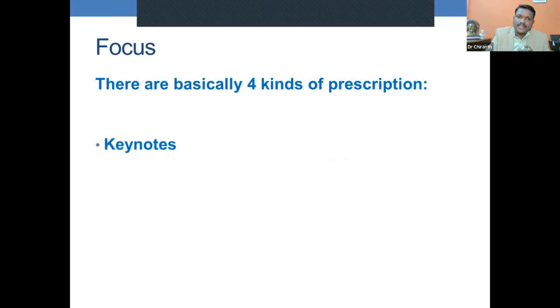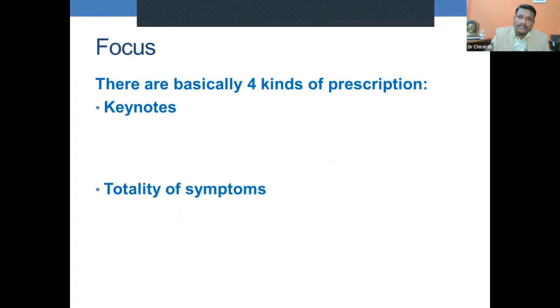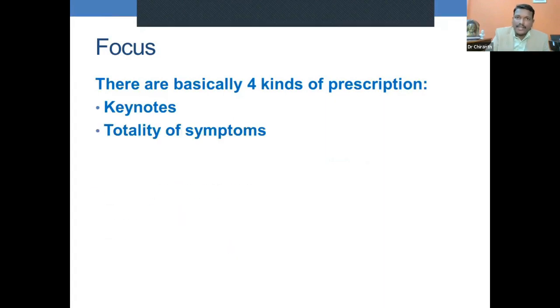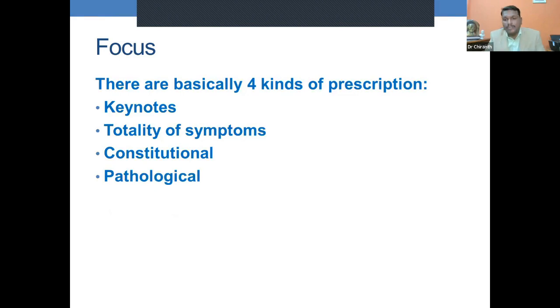Generally, the main point of focus for a prescriber will be the keynotes. Some take the totality of the symptoms. Some make a constitution out of the totality and then prescribe. Some prescribe based on the pathological basis.